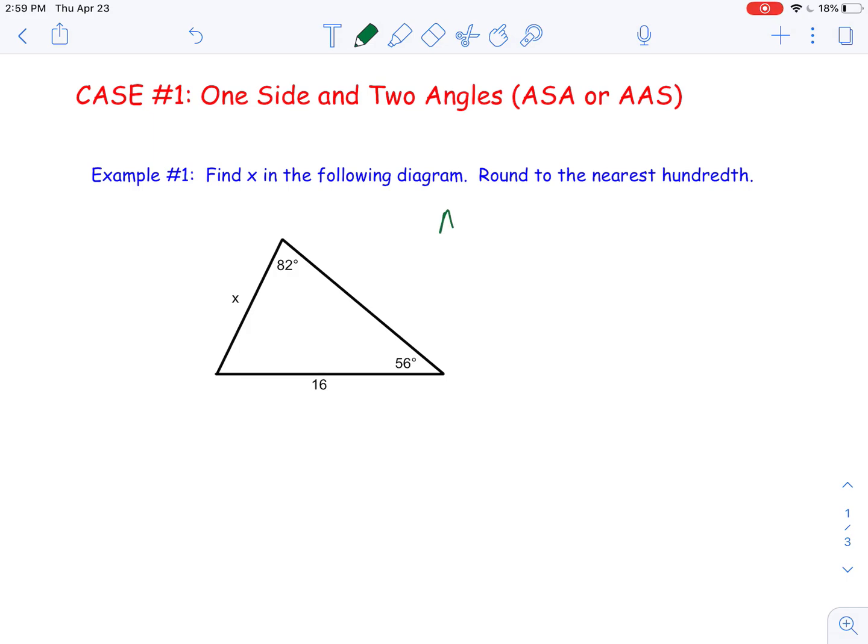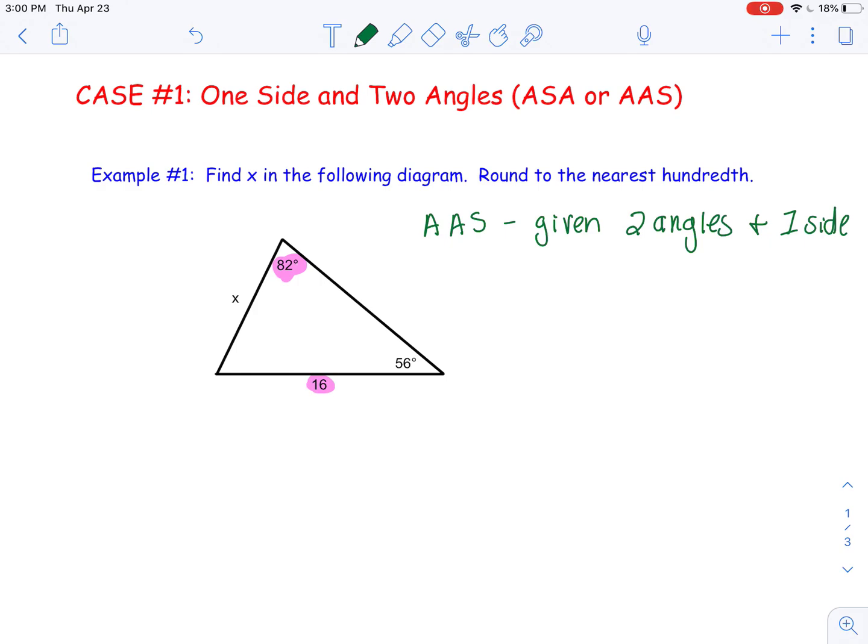So this is an angle angle side situation, and that means we're given two angles and one side. What I want to do is look at the ratios that we know. We know this angle and this side, so that's going to give us one ratio.